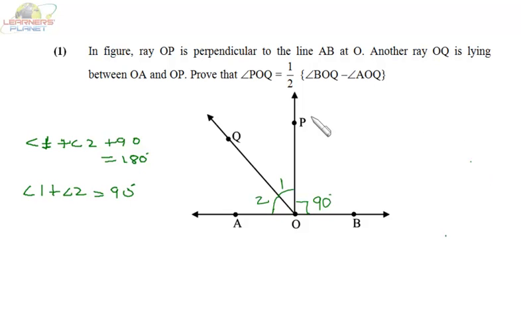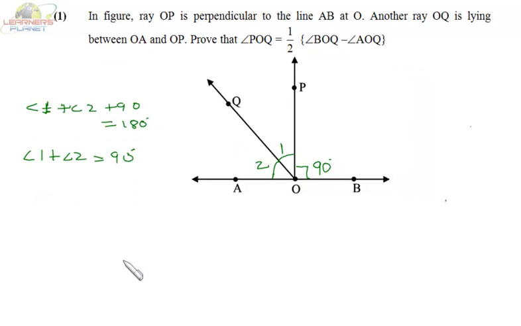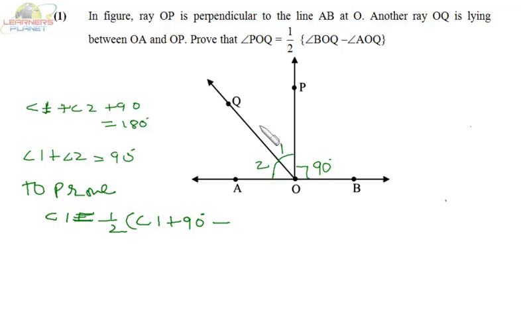Precisely, we have to prove angle POQ, that is angle 1, is equal to half of angle BOQ, that is angle 1 plus 90 degrees, minus angle AOQ, that is angle 2.